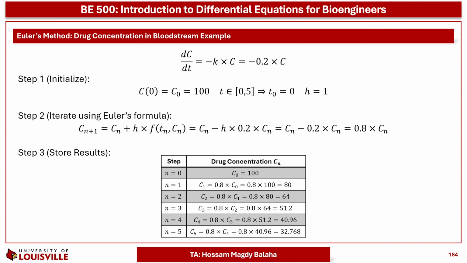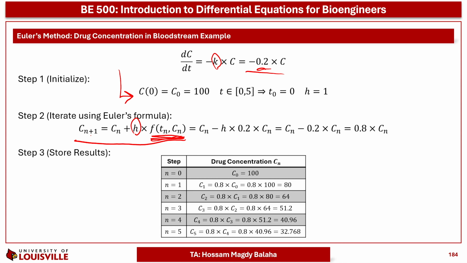So let's substitute k by the value 0.2. So we'll get dc by dt equals negative 0.2 multiplied by c. And we have these initial conditions and values. This is our Euler method, so we need to iterate over 5 steps using this formula. So let's substitute first in this equation by our values. h here equals 1, and the first derivative equals negative 0.2 multiplied by c.